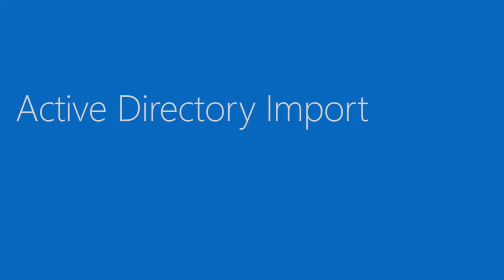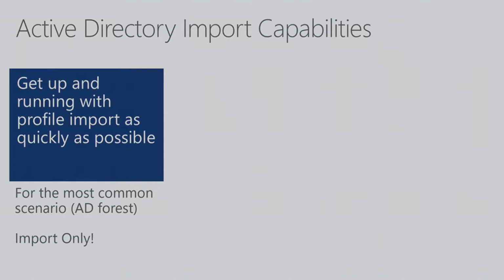Okay, so Active Directory import, very straightforward. It imports only, so one-way import from one system, and that system is Active Directory. It's super fast, super reliable, super efficient. It's very straightforward. But it's also quite limited in terms of the capability from a wider identity management perspective.